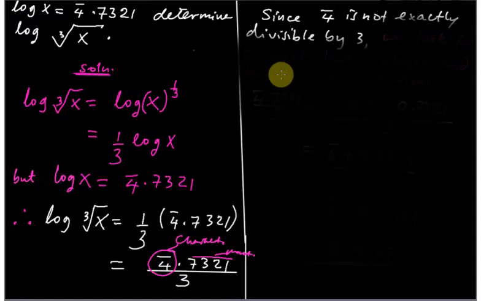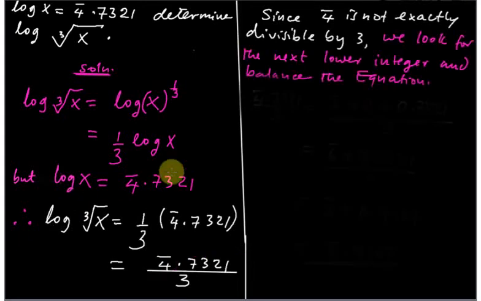Our technique is to look for the next lower integer which is divisible by 3, and then balance. That's what we are going to do. We look for the next lower integer and balance the equation.